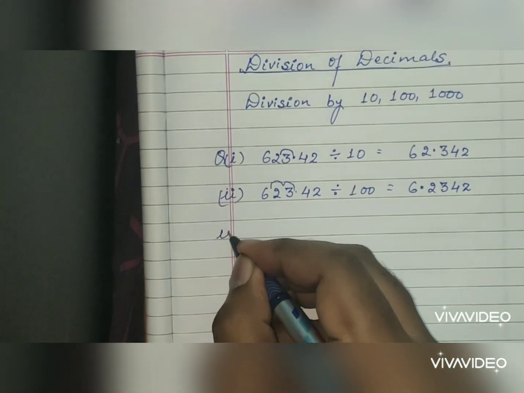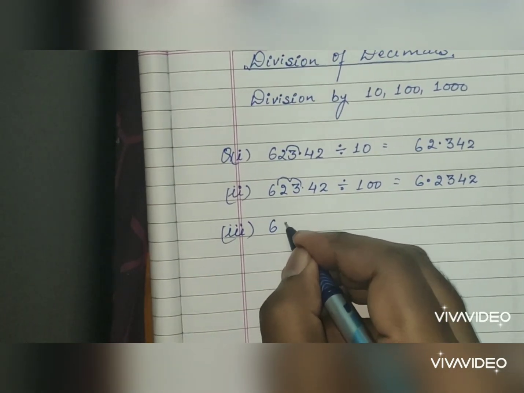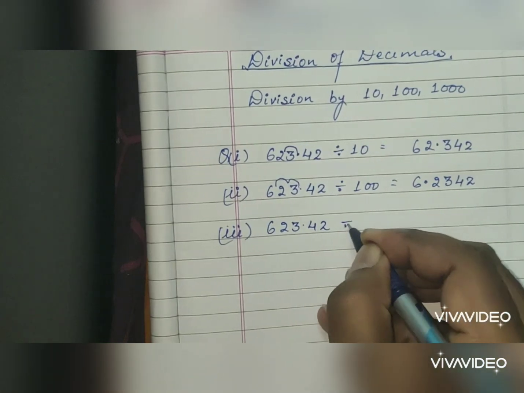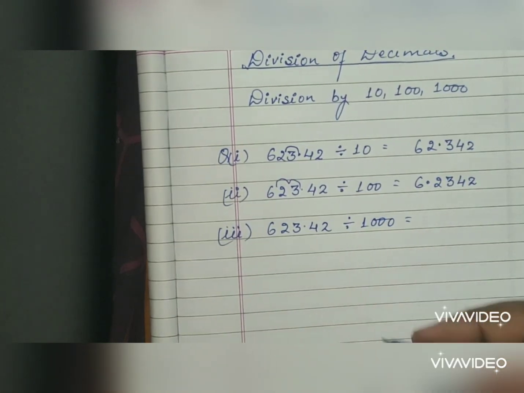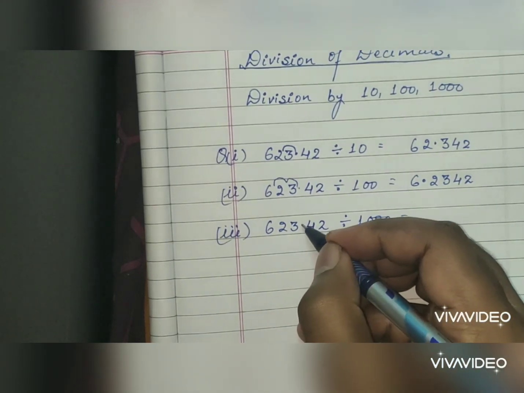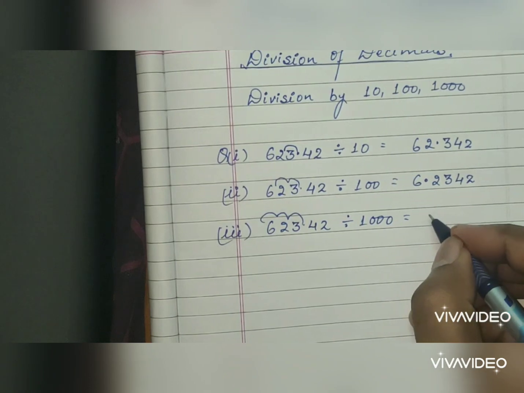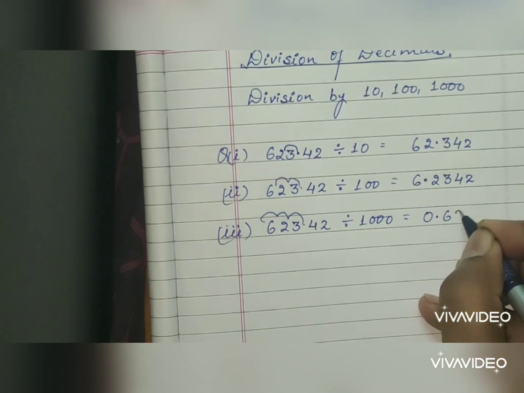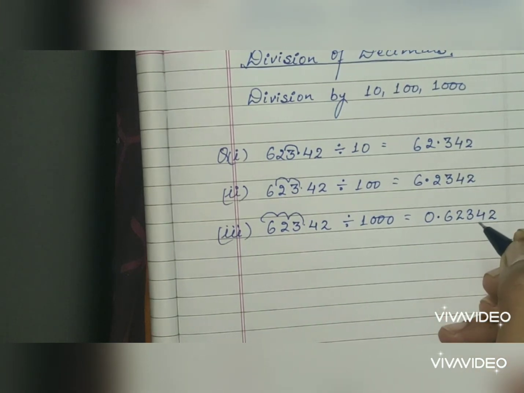Okay, now let's see with 1000. 623.42 divided by 1000. As there are 3 zeros in 1000, it will be shifted 3 places: 1, 2 and 3. So this will be 0.62342. Clear?